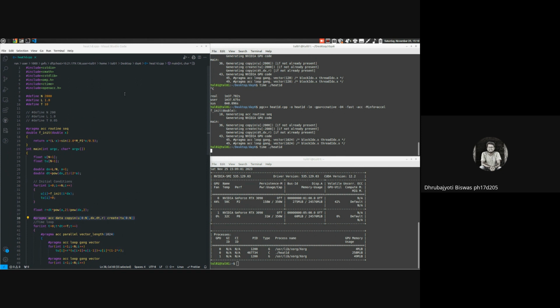Anyway, but apart from the acceleration part, the parallelization part, I think, is easy to understand for this, isn't it? Does anyone have any questions regarding the parallelization part?